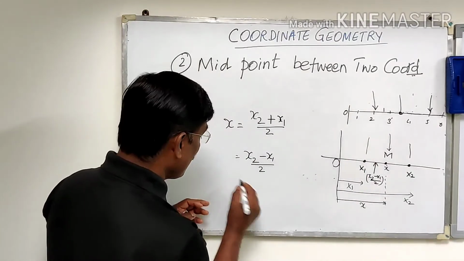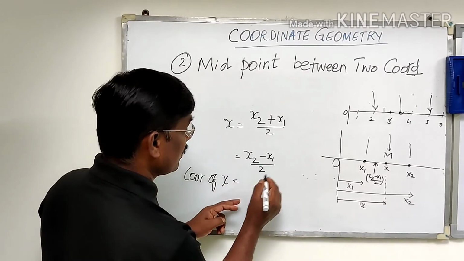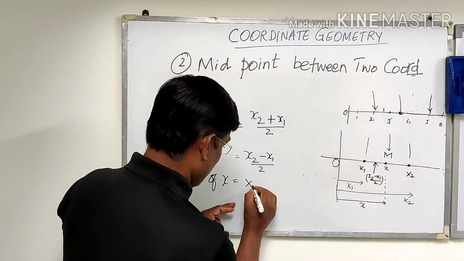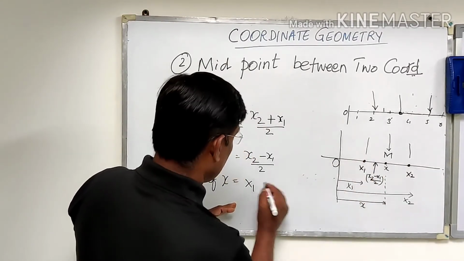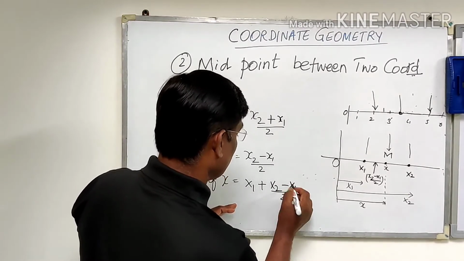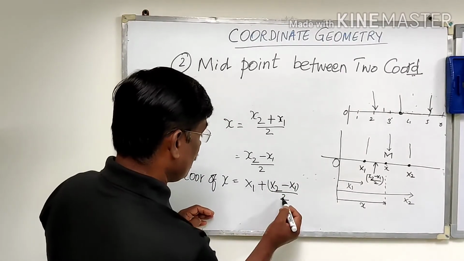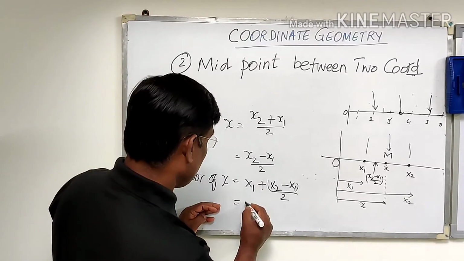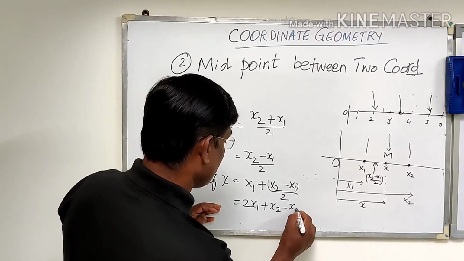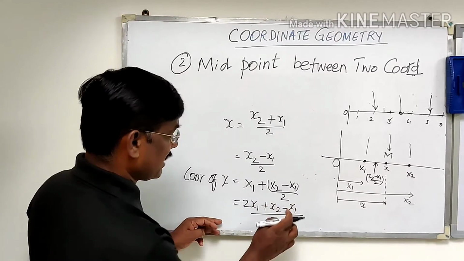Now what is the coordinate of x? The coordinate of x is equal to the value from 0 to x1, which is x1, plus this value, x2 minus x1 divided by 2. Now take the LCM and cross multiply: 2x1 plus x2 minus x1 divided by 2. 2x1 minus x1 is x1.